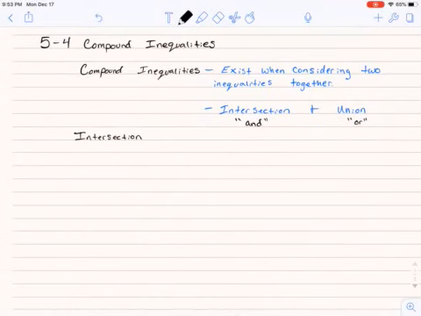All right, so for an intersection compound inequality, we know that this contains the word and. An intersection is true if both inequalities are true.